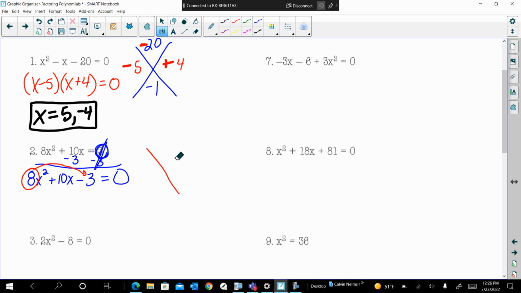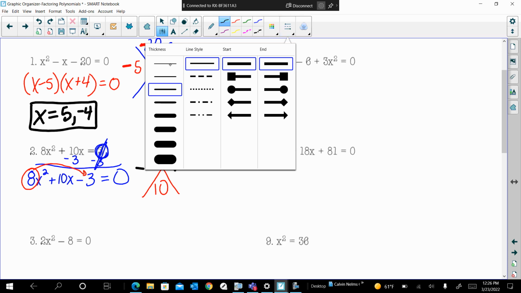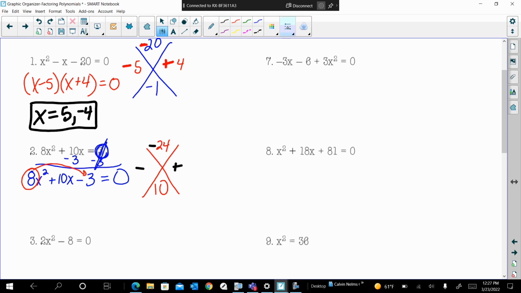So I have to slide it to the back and multiply. So in my x puzzle, we have a negative 24 on top and a positive 10 on the bottom. Because I know it's negative here, it's going to be a negative and a positive. So what factors of 24 have a sum of 10?